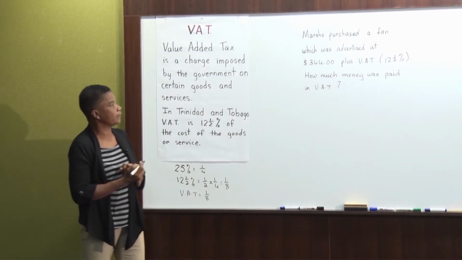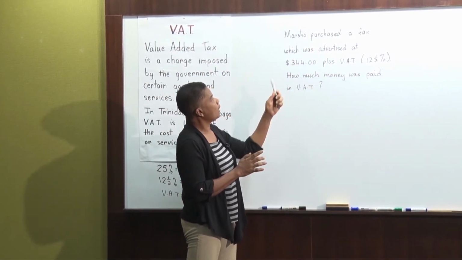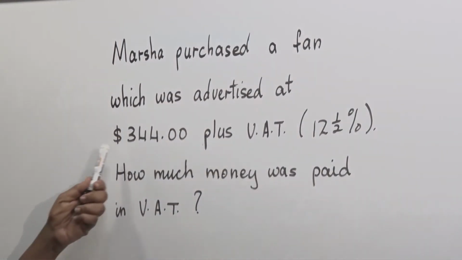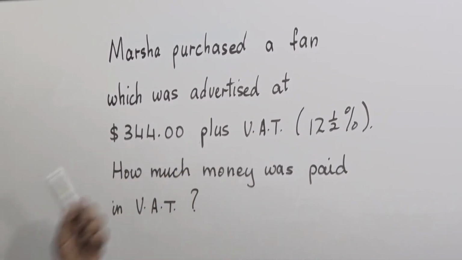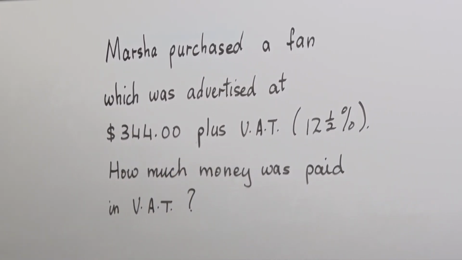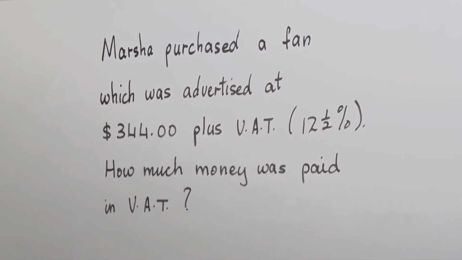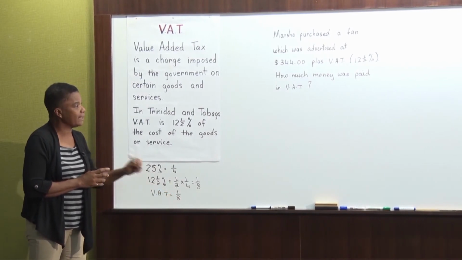So let's move on. Our first question. Marsha purchased a fan which was advertised at $344 plus VAT. And again, in Trinidad and Tobago, 12.5%. But what did we just work out? We just worked out that we are going to use 1/8.